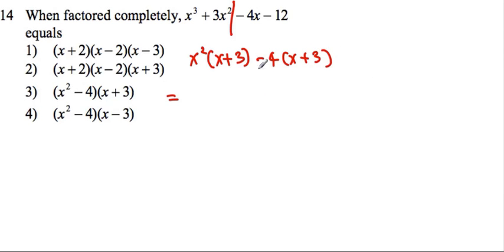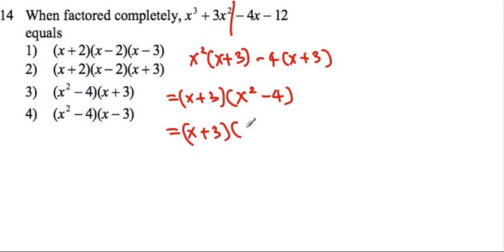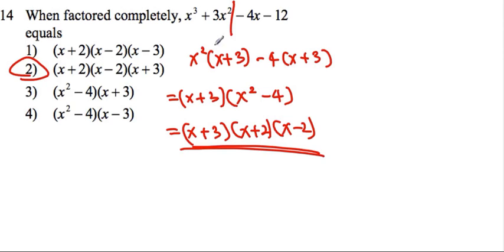Now, we realize that x plus 3 is a common factor, so factoring it out, we end up having x squared minus 4. Then this one gets us x plus 3, and here we get x plus 2 and x minus 2. So our final answer is this one. I guess we are looking at choice 2.